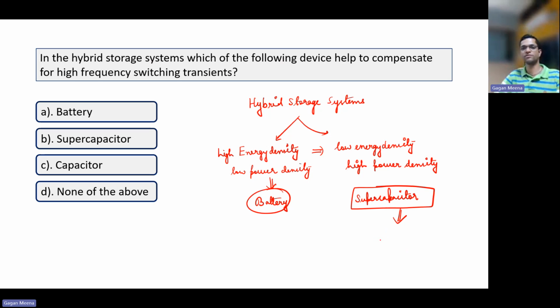That's why it can be used to compensate high frequency switching transients, while the longer discharge duration requirement can be met by the battery energy storage. So here the answer will be supercapacitor.